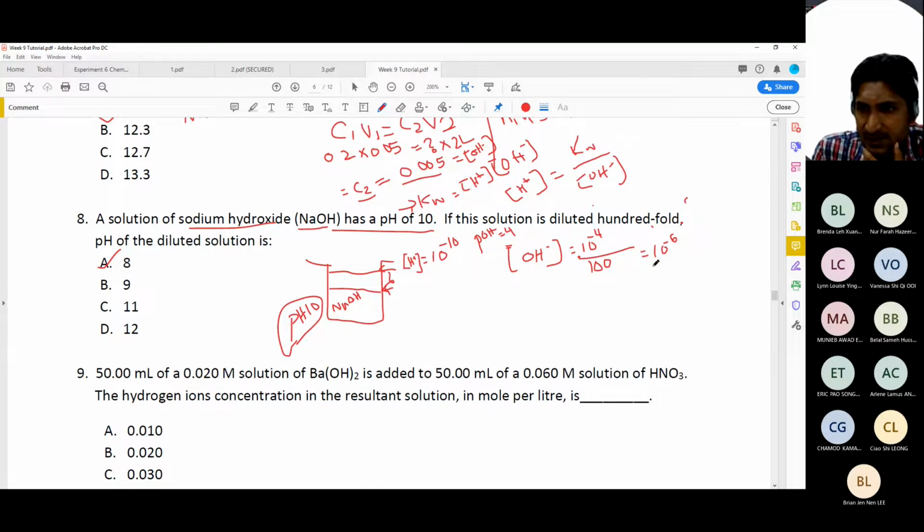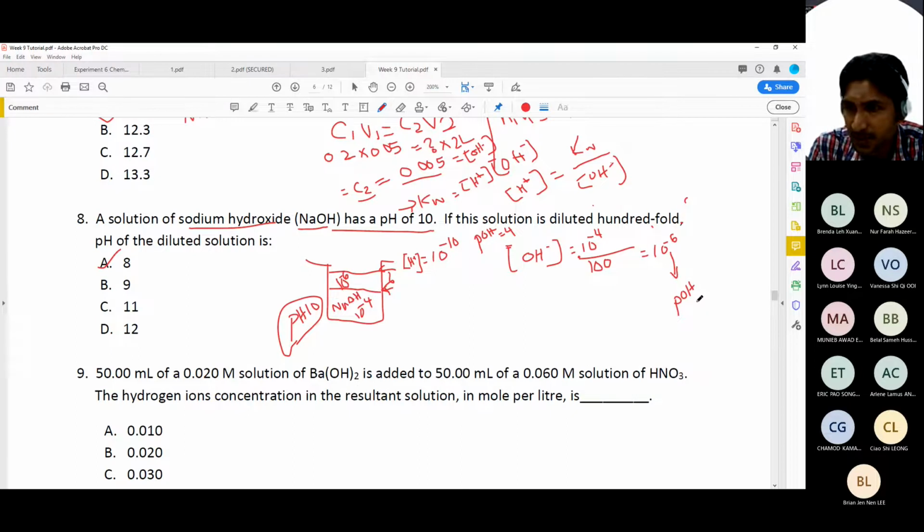So since it becomes 10 power negative 6, it was 10 power negative 4 of hydroxyl ion here. Altogether it becomes 10 power negative 6. So the concentration of the hydroxyl ion reduces. And from here we can find the pOH again for the new solution.